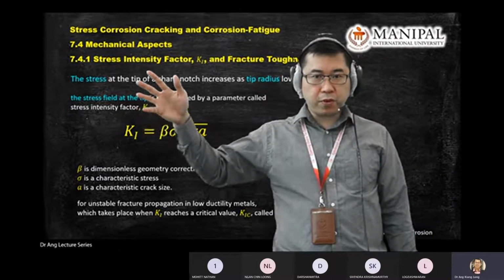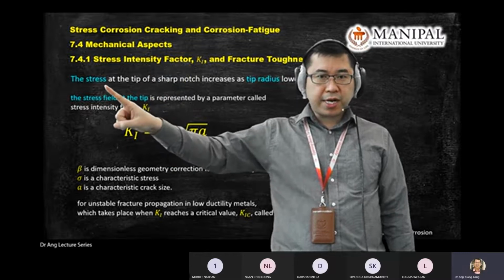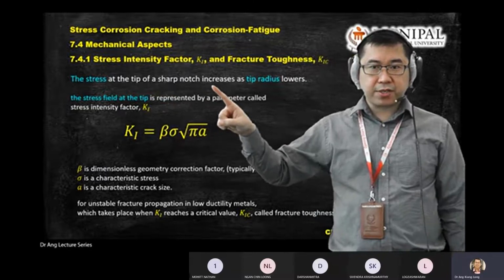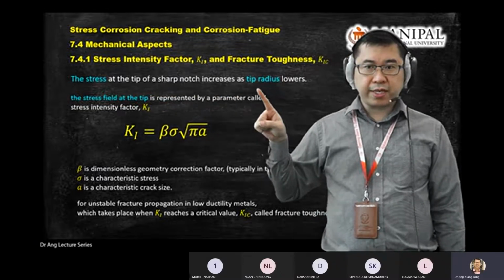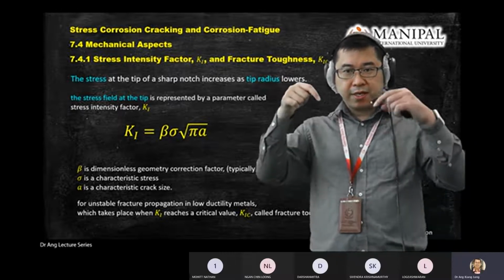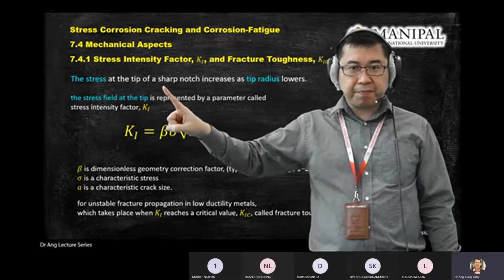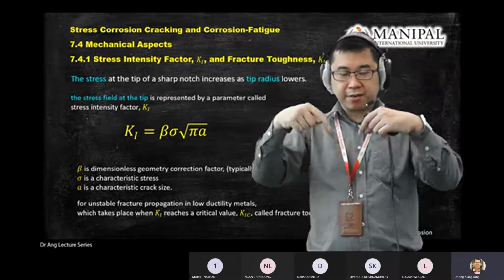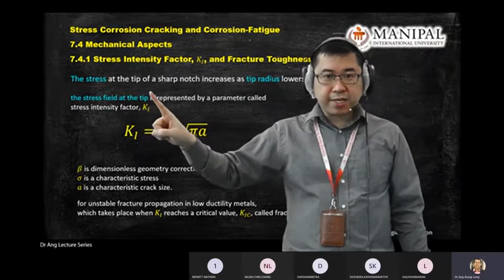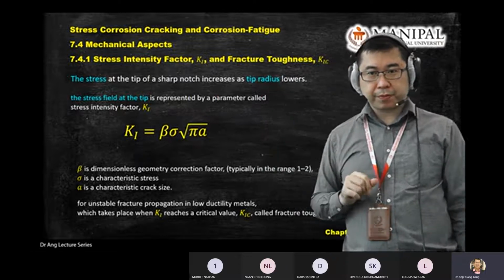Before you look at the calculation, in our understanding, stress at the tip increases when the tip radius is lower. What does it mean? Read again: the stress at the tip, in the SCC diagram just now, increases as the tip radius gets lower.